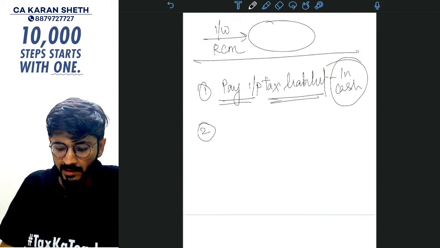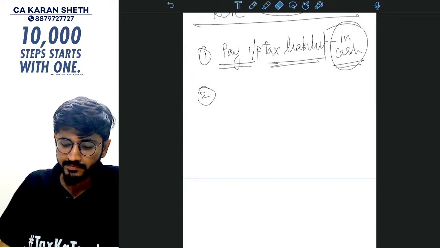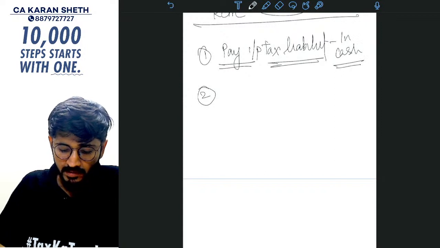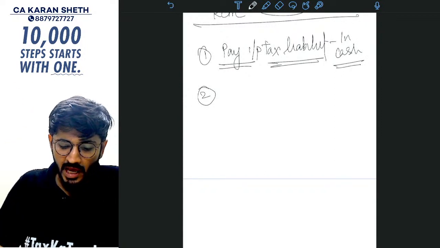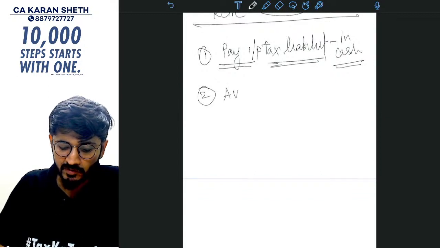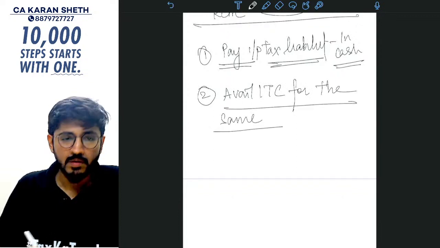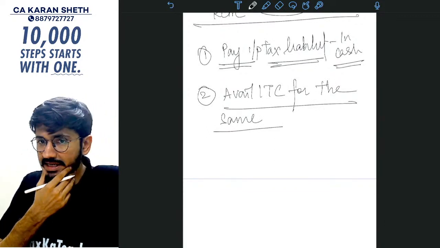When I say in cash, that is through the e-cash ledger. And once you've paid this, avail ITC for the same. Is that very clear, my dear friends?